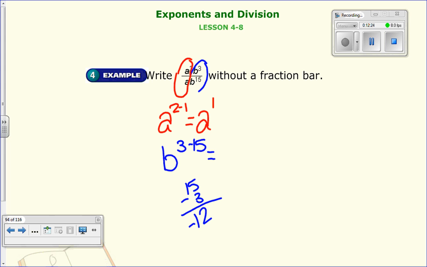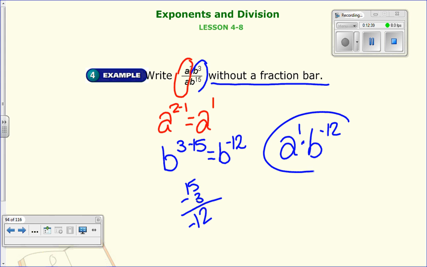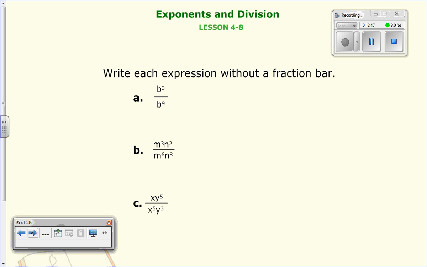And 15 is negative, so it'd be b to the -12th power. So, again, I could write this as a fraction, but they don't want it written that way. They said without a fraction bar. So what I'm going to write is a to the 1st times, well, b to the -12. That's your answer. And again, you don't really need that 1 in there for a. If there's just one a listed, you know it's just a.